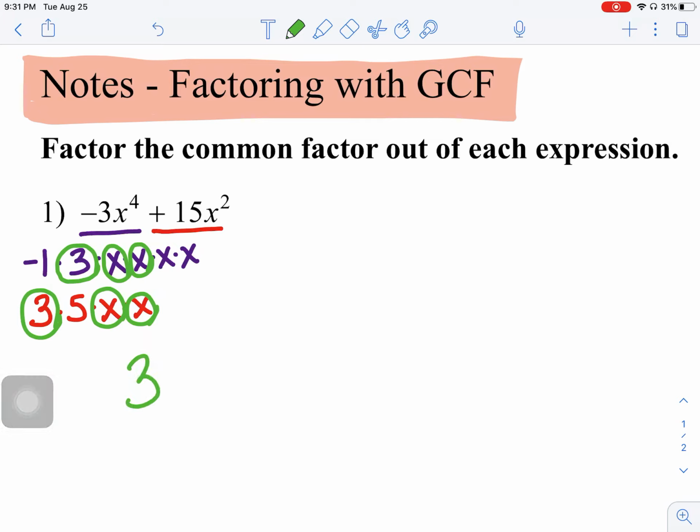So we have 3x, and there were 2 x's, so I'm going to be lazy and write 3x squared. And then in parentheses, I want to write down what's left. From my first term here, I did not circle negative 1, and I did not circle these 2 x's.